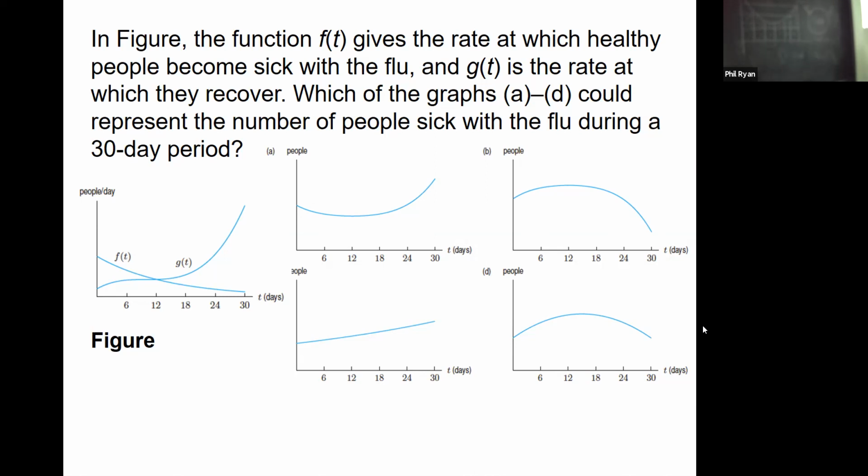So don't get confused between the rate and the thing itself. Just because F is decreasing doesn't mean the number of people getting sick is decreasing. That just means the rate at which people are getting sick is decreasing. Even though F is decreasing, more and more people are getting sick because the derivative is positive, so it's increasing.